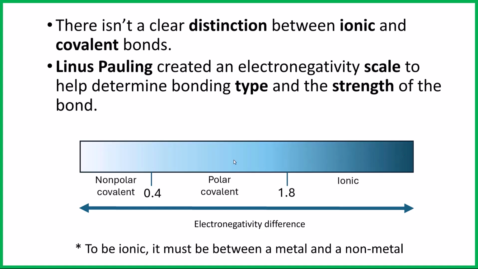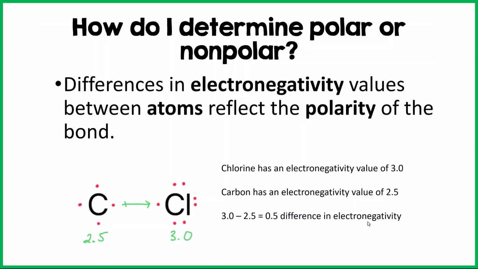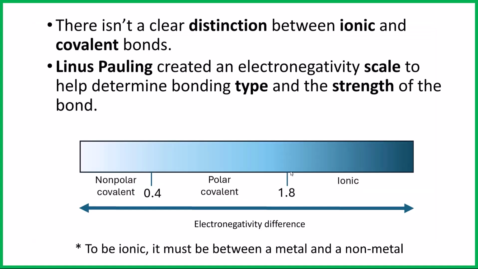So our 0.5 difference here between carbon and chlorine is going to be found somewhere close to the value here, 0.5, and so it is in the polar covalent region. So those two electronegativity values are different enough that the electrons are going to be pulled strongly by one of those atoms, creating a polar bond.